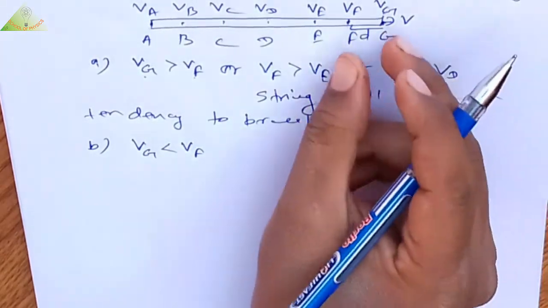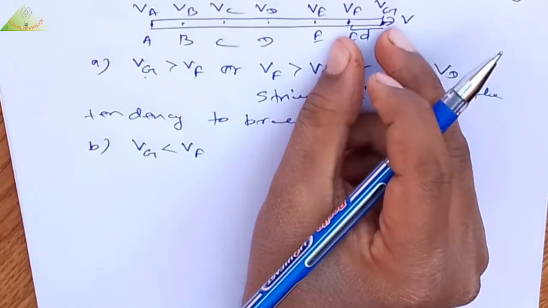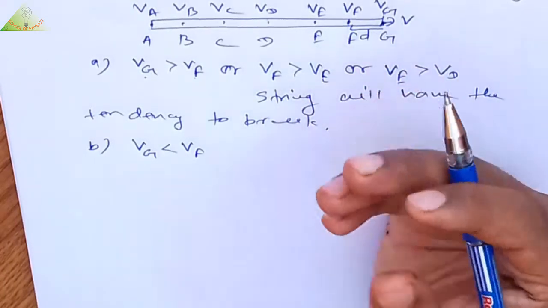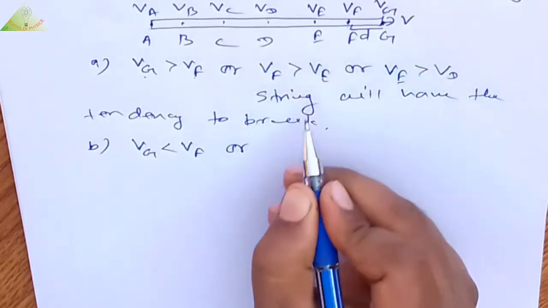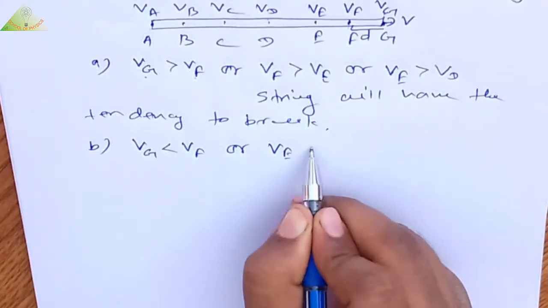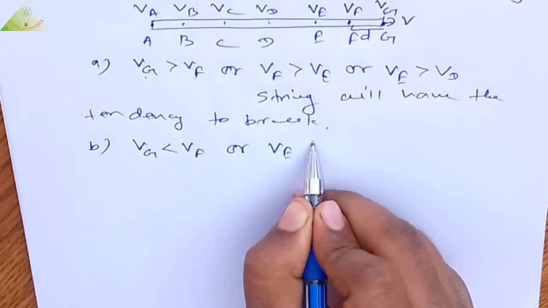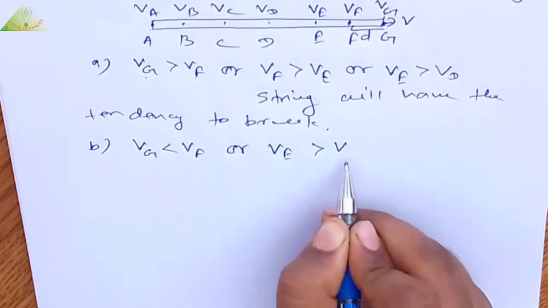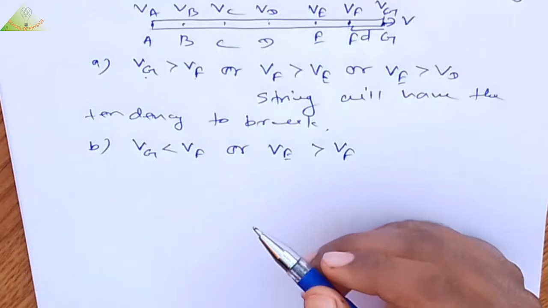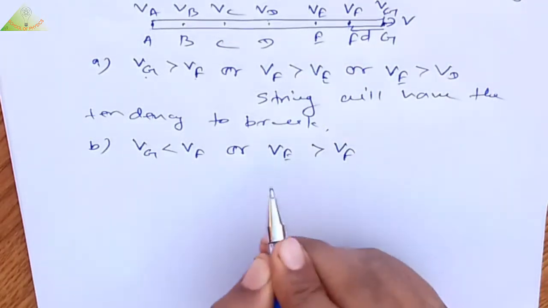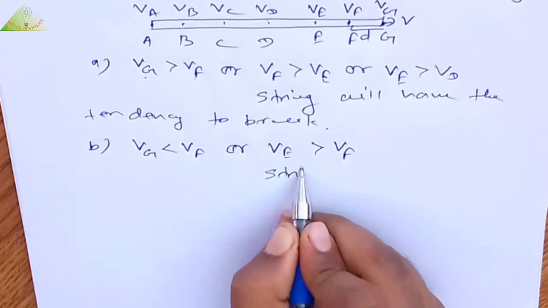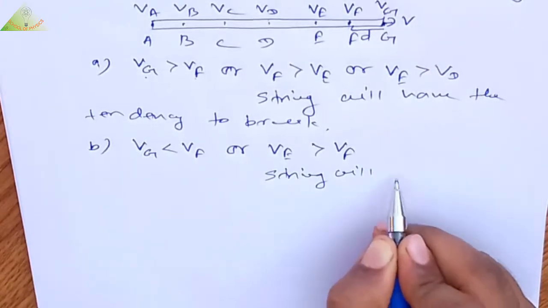And in this condition, if the distance between the 2 points reduces, it means the string becomes loose. Or I should again say that Ve is greater than Vf. I am just taking the reverse of the previous one, for all the points in proper manner. In these conditions, the string will be loose.